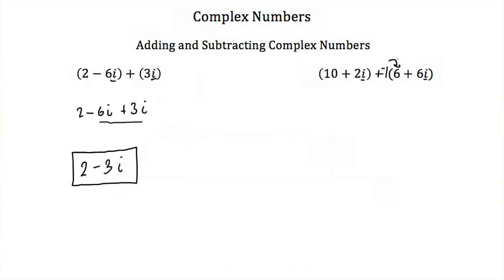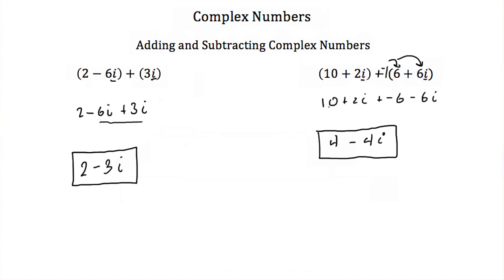Then I would distribute the negative 1 inside, and we'd end up with 10 plus 2i plus negative 6 minus 6i. Now I just add my like terms, or I add the real parts. 10 and a negative 6 would be a positive 4, and then 2i and a minus 6i would be a minus 4i. So 10 plus 2i minus 6 plus 6i would be 4 minus 4i.